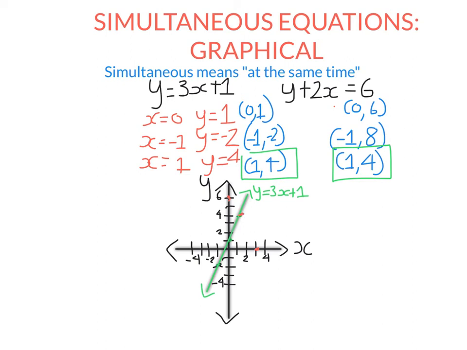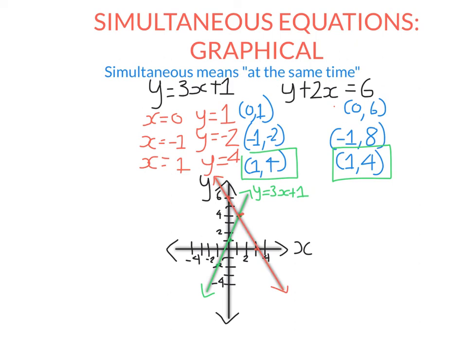Once again, all of the points on this line are solutions to this equation. Each point has an x value and a y value. And those points on this line, the x value and the y value, satisfy this equation. If I substitute them in, they make this statement true.